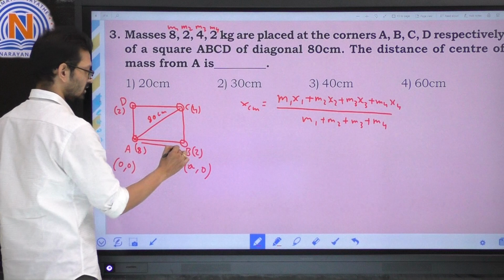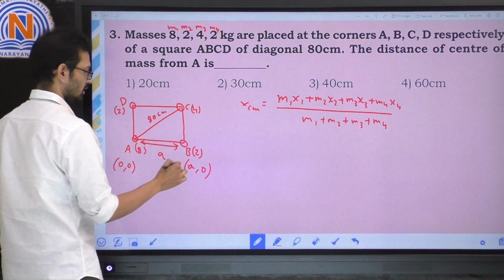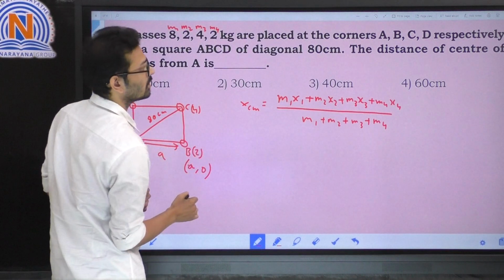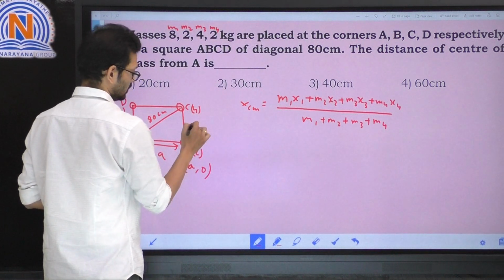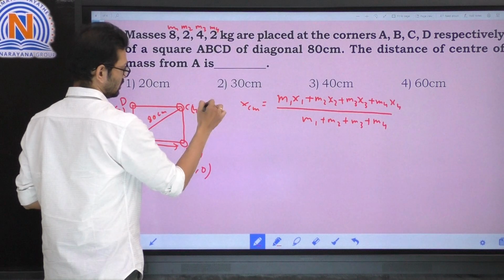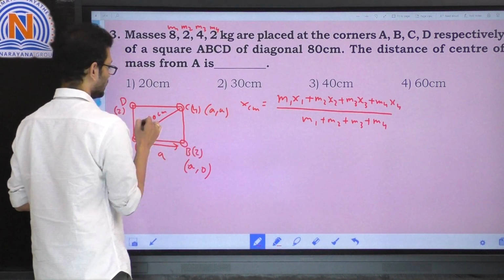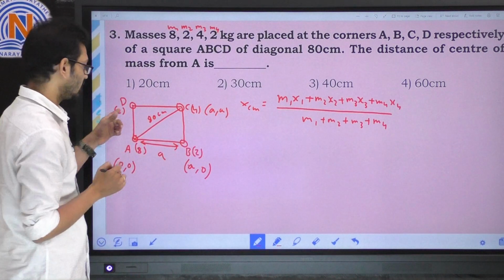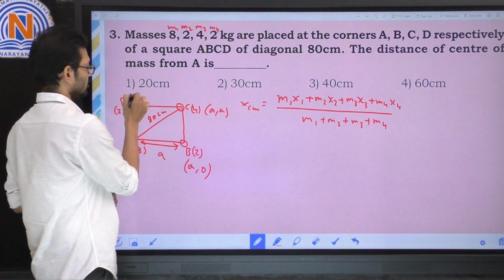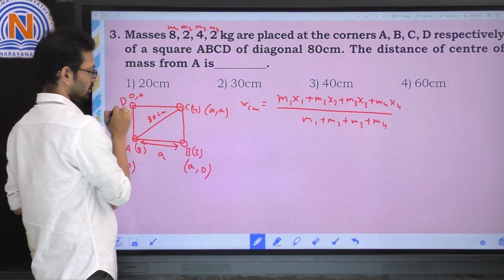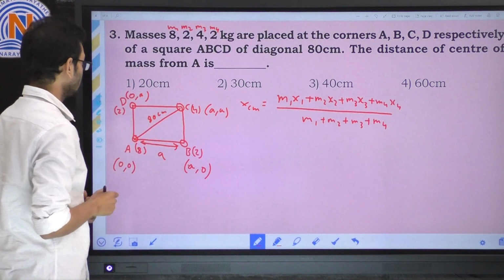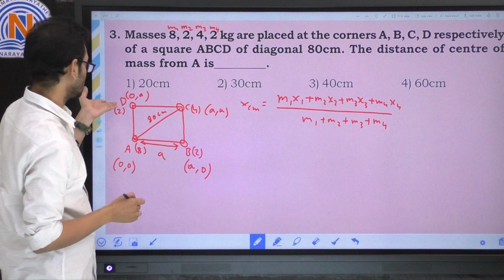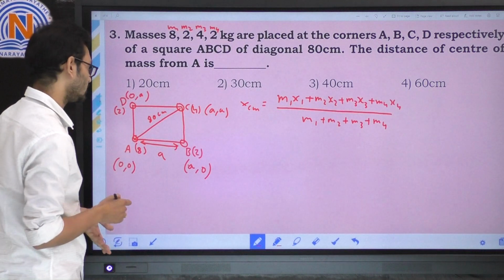Let us think this side is A and this side is also A. So this is A, A, and at this particular point we have 0, A. X is 0 as well as y is A.